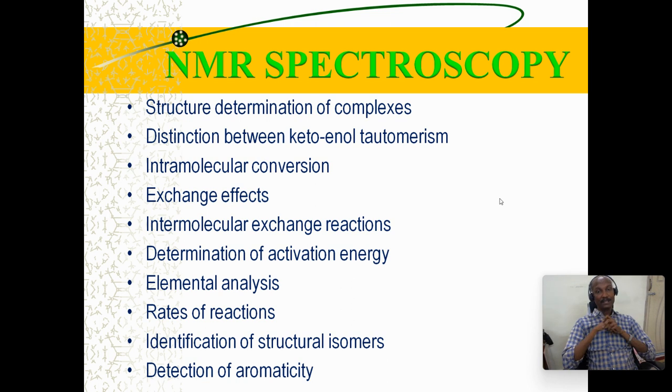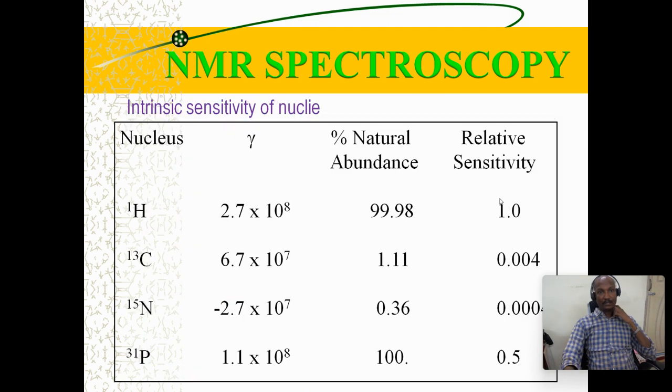Others include distinction between keto-enol tautomerism, where keto can be converted to enol and enol to keto form, intramolecular conversion, exchange effects and intermolecular exchange reactions, determination of activation energy, elemental analysis, rate of reaction, identification of structural isomers, and detection of aromaticity.